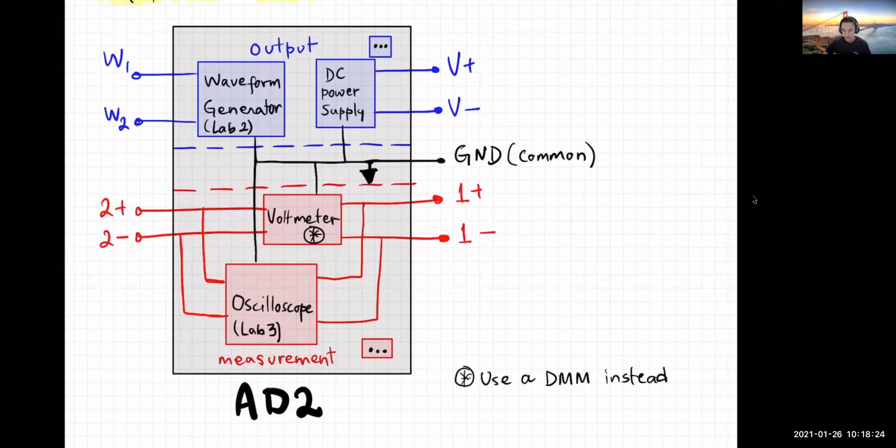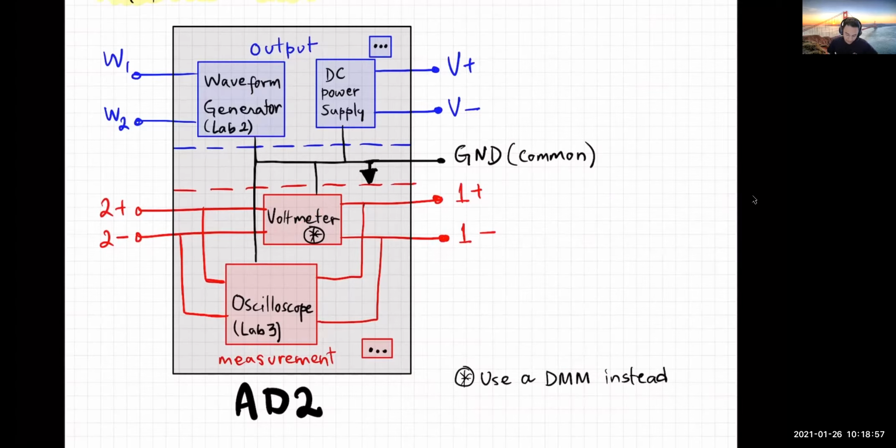If you need a power supply, it's in the 82. If you need a waveform generator, it's in the 82. If you need a voltmeter, there's also a voltmeter in the 82, but you will be using a DMM because the DMM has more features than the 82. The 82 can only measure voltages, it cannot measure current or resistance, and so on.